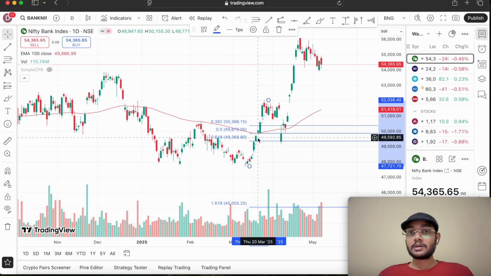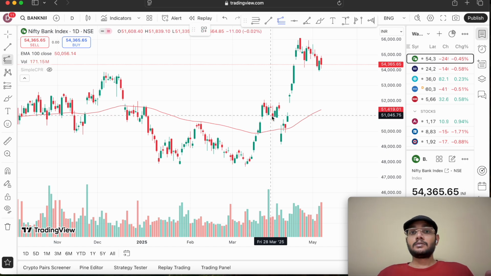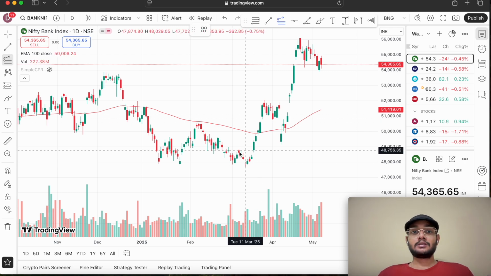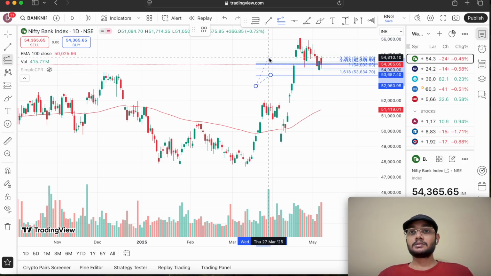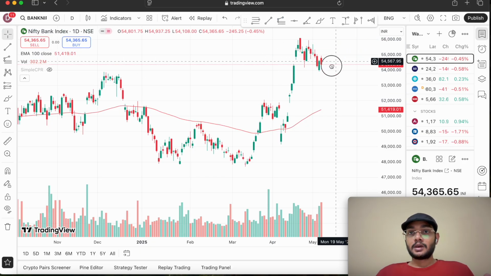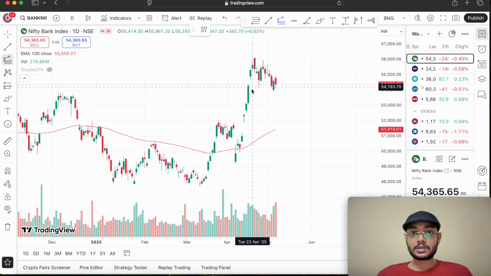Let me also give you a brief explanation about the Fibonacci extension tool. Yeah, as I explained previously, let me just delete this. Let's have a clear look here. So this is the extension tool, right?